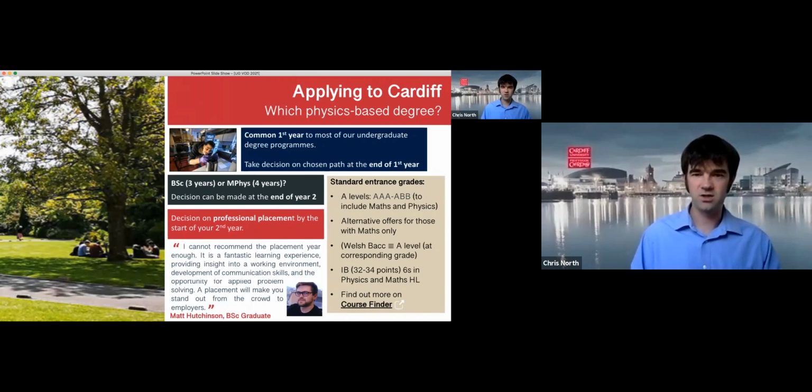There's obviously a lot of ground to make up in the start of the degree, but we can support that. We do ask typically for maths and physics A level, with the third A level can be another subject, or it could be Welsh baccalaureate if you're based in a Welsh school. And again, the international baccalaureate scores are there. There's a lot more links on Course Finder. I'll put a link up in a second to that when I've finished speaking.